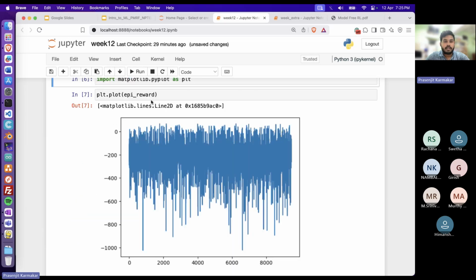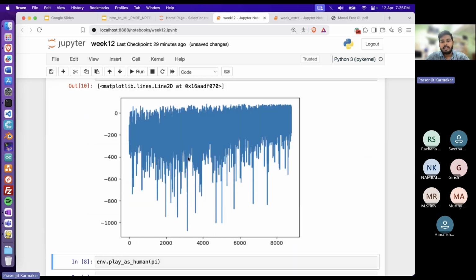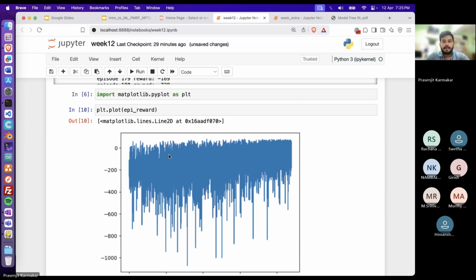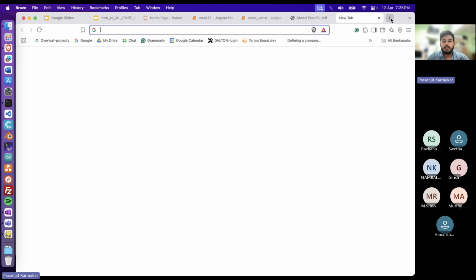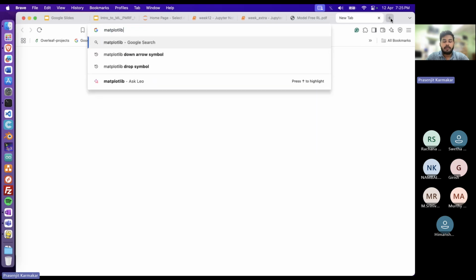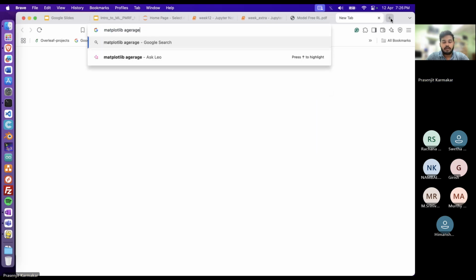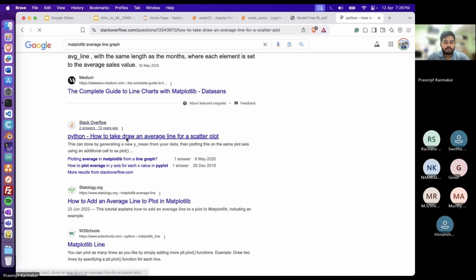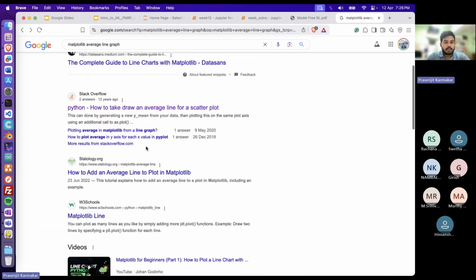Okay, done. Let's see. See, it now goes a bit upward, right? So now it's kind of like this. So we can, wait. Matplotlib, average line graph. No, not like this.